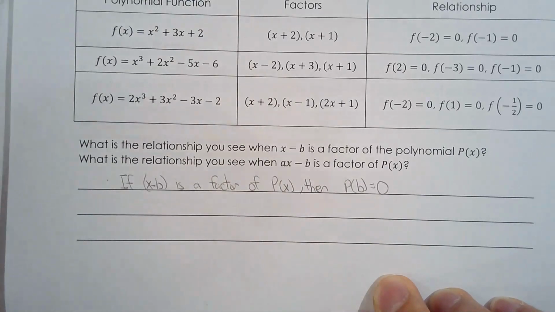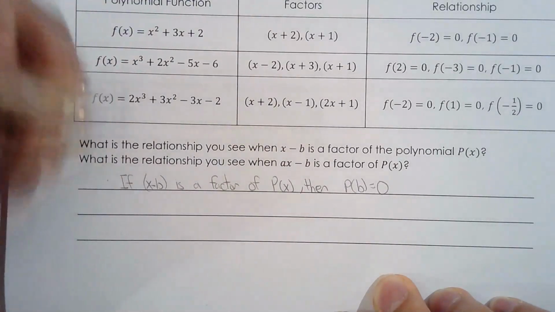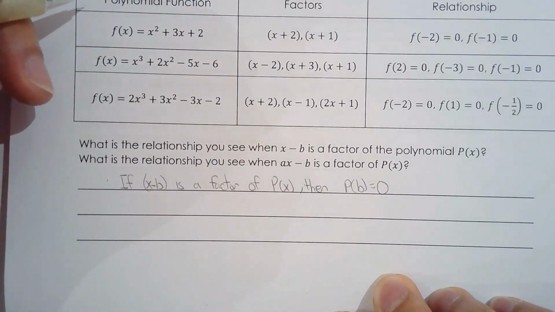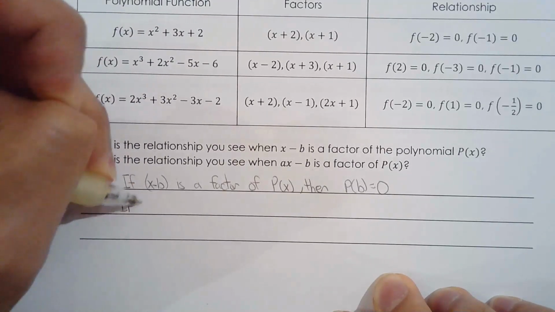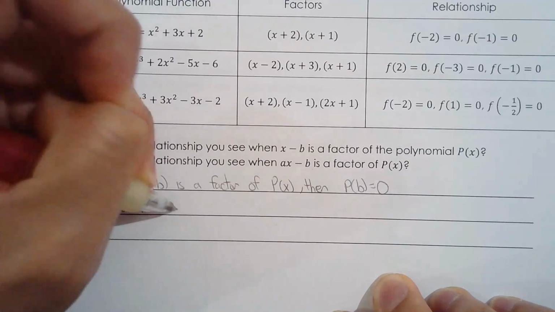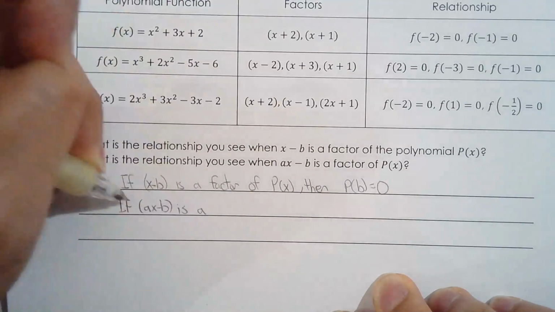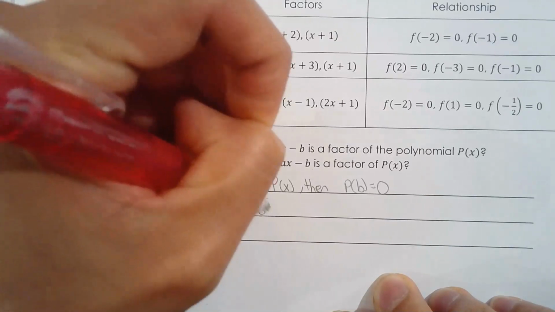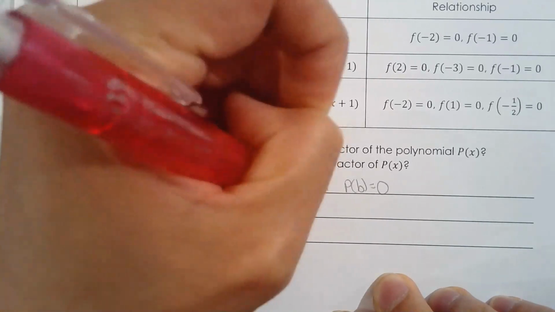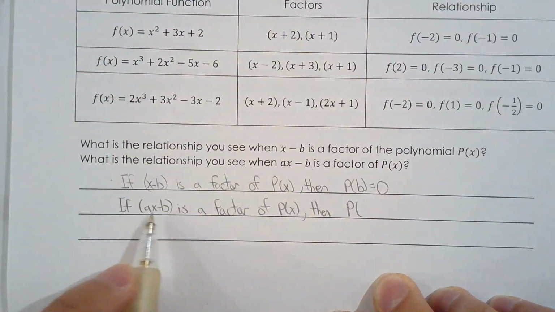That's what it means to be a factor. Let's say 5 is a factor of 25 because 25 divided by 5 has a remainder of 0. Now if you divide by ax minus b, no problem. If ax minus b is a factor of p of x, then p of b over a equals 0, because b over a will make ax minus b equal 0.